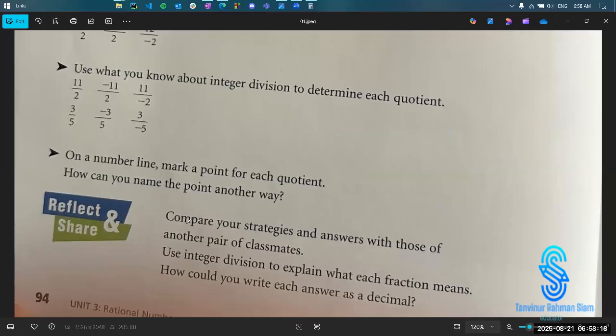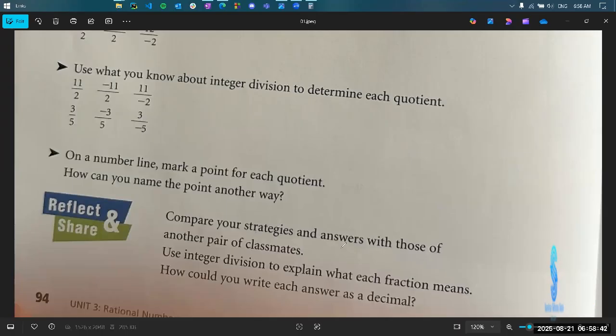They have said to compare your strategies and answers with those of another pair of classmates. Like you will be solving with some strategy, and you will tell another friend to solve it in another fashion. You can say, sir, how is it possible to solve it in another fashion? There can be a question arising in your mind.